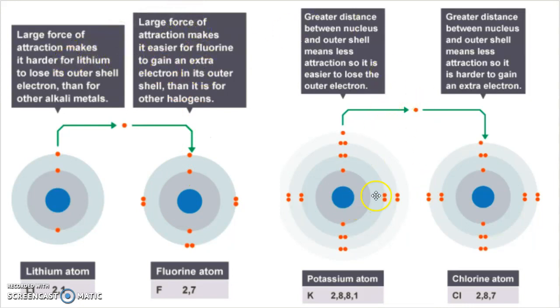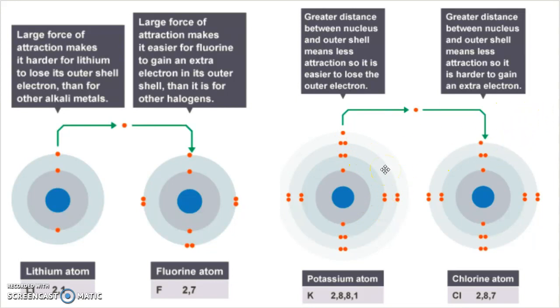Now when we get to bigger atoms with more valence shells, or more electron shells, like this one right here is a potassium ion. It's kind of hard to see, it only has 1 valence electron. And chlorine has 7, so same situation, but now we have the 4th energy level and the 3rd energy level.